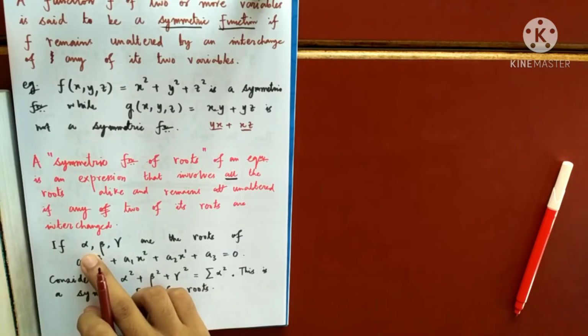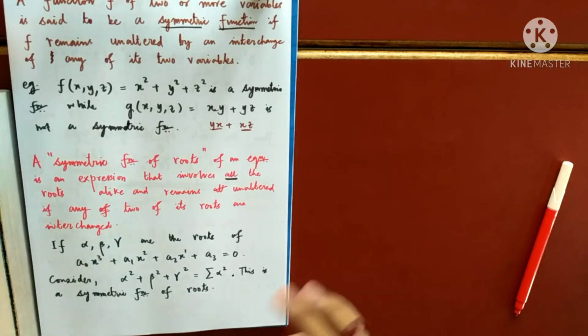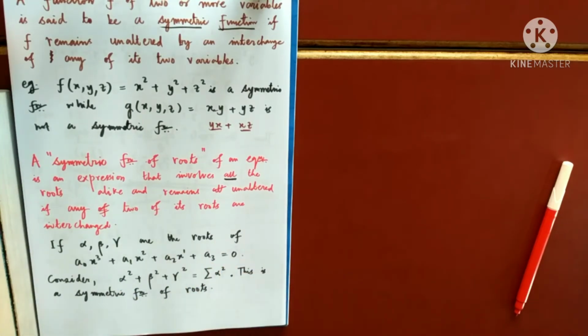Suppose I am talking about the four roots of some biquadratic equation, alpha, beta, gamma, delta. There also I will write summation alpha square to represent alpha square plus beta square plus gamma square plus delta square. So keep that in mind. I have to take all the roots, and all that should be a symmetric function.